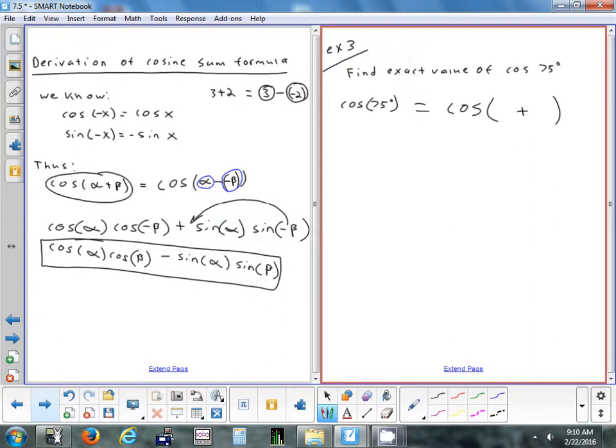Okay, some of you might be thinking you can find two numbers that subtract to give you 75. But I'd like to do this one as a sum. Anybody think of two numbers that can give me a sum of 75, but they have to be multiples of 30 and 45? Don't think too hard. 30 plus 45. Just 30 plus 45, yeah.